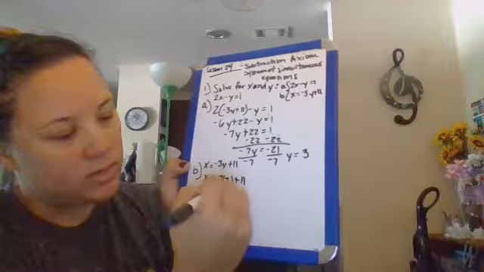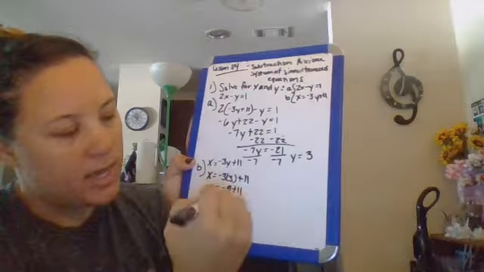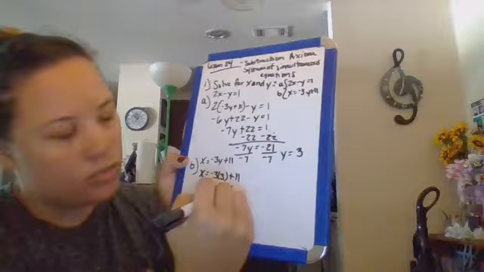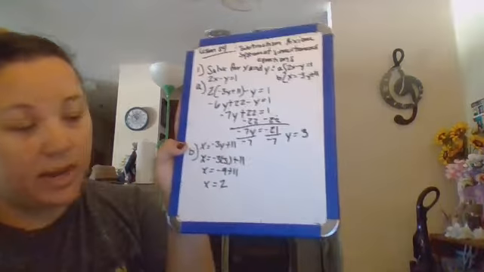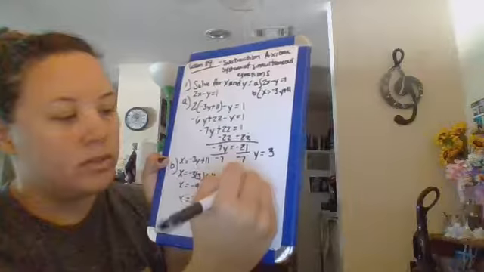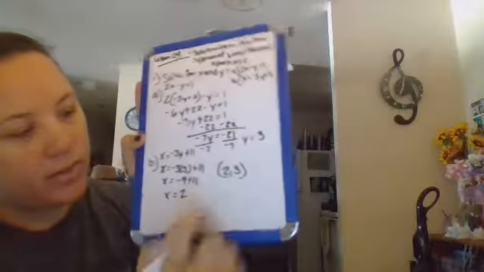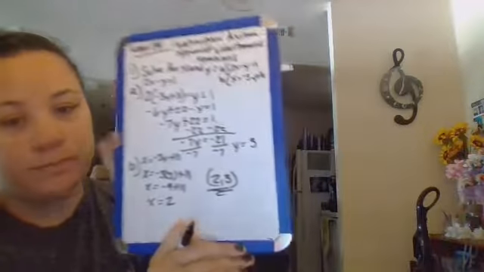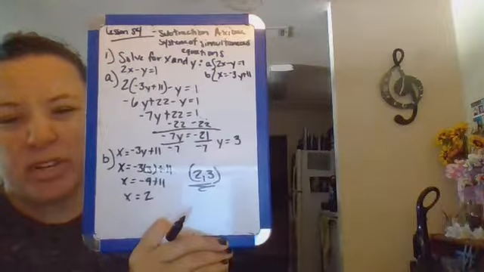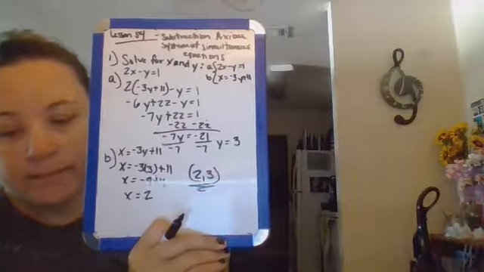So x equals negative 9 plus 11. X equals 2. Negative 9 plus 11 is 2. So then my ordered pair is 2, 3. So that's my final answer, 2 and 3. Remember, we did ordered pairs in the previous lesson, so that's how it's written, as an ordered pair.